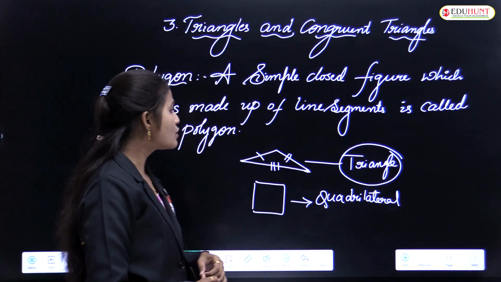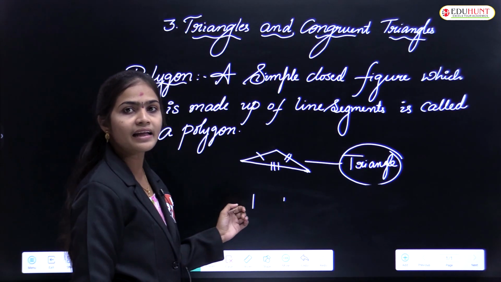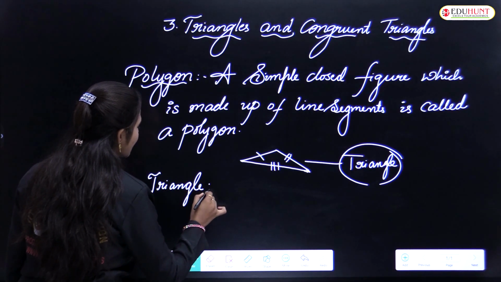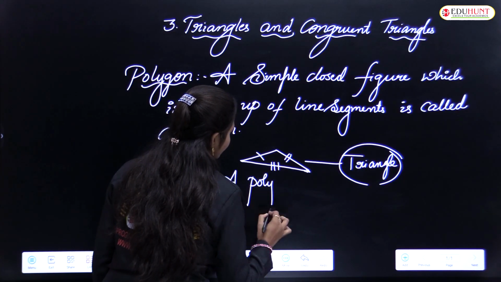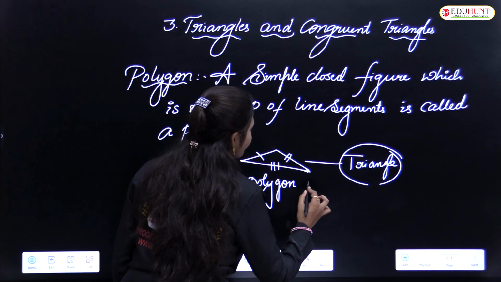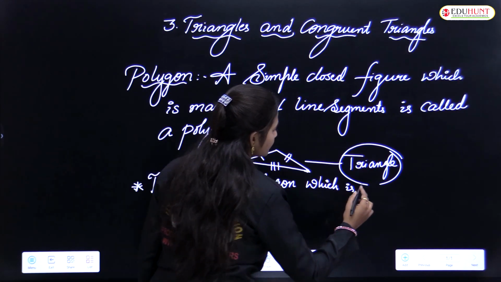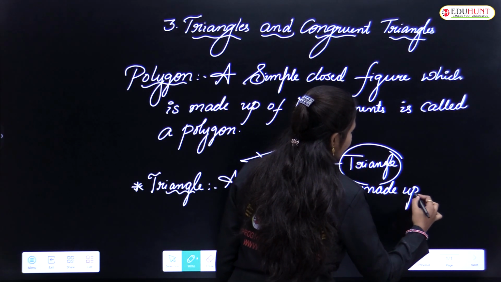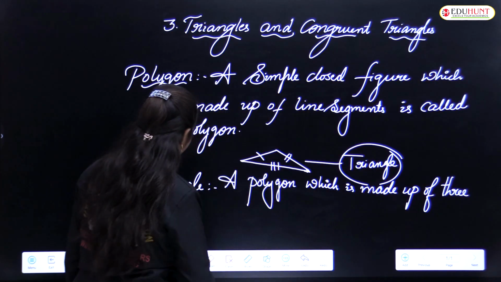Is it clear? So now we know about the triangle. What is the definition of a triangle? A triangle is a polygon which is made up of three line segments.